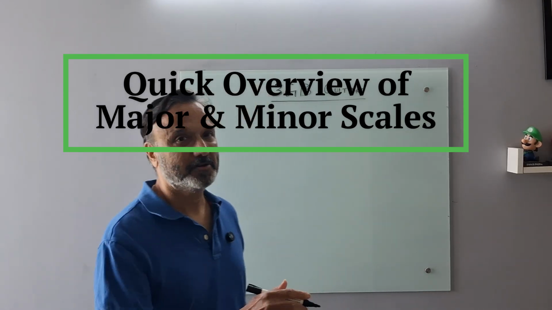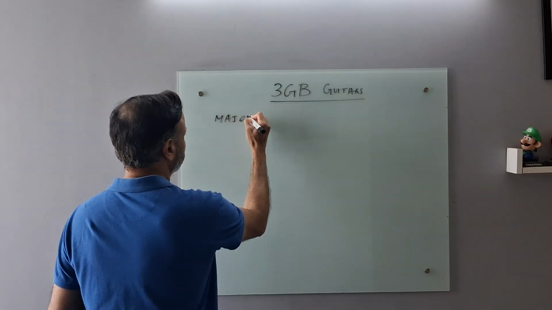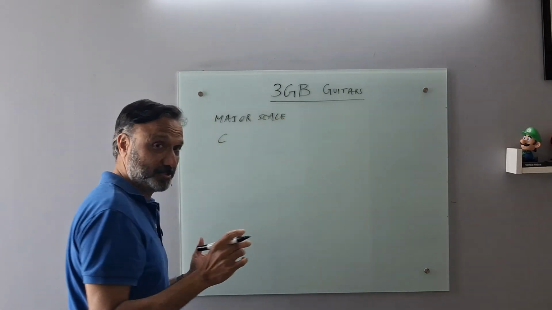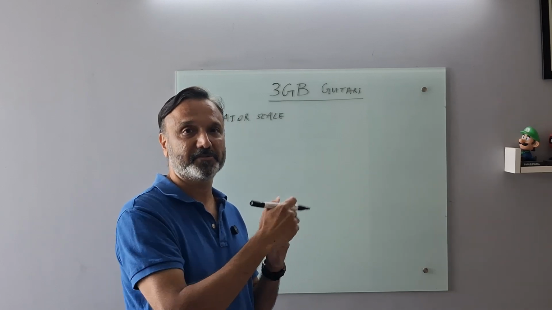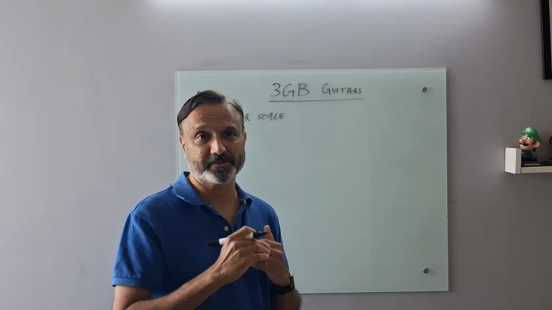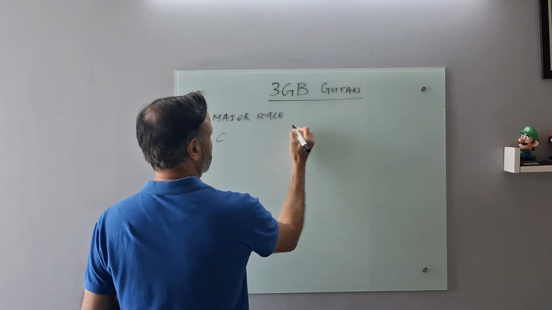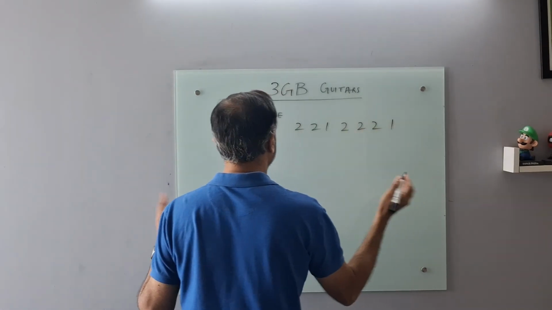So if I were to construct the notes in a major scale, let's say I start with C, you should remember the sequence in which you step through the notes. So the sequence for the major scale is 2 2 1 2 2 2 1. So it is 2 2 1 2 2 2 1, right?